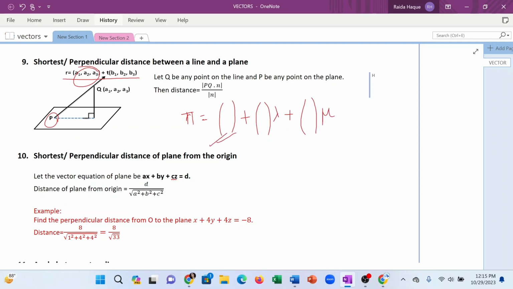So here you have another position vector, right? Use that as P. This will be your P. This is your Q. And then from P and Q, you can find PQ. So PQ will be OQ minus OP. And from there, just plug it back into this formula. If you plug it back into this formula, you can easily find the distance.